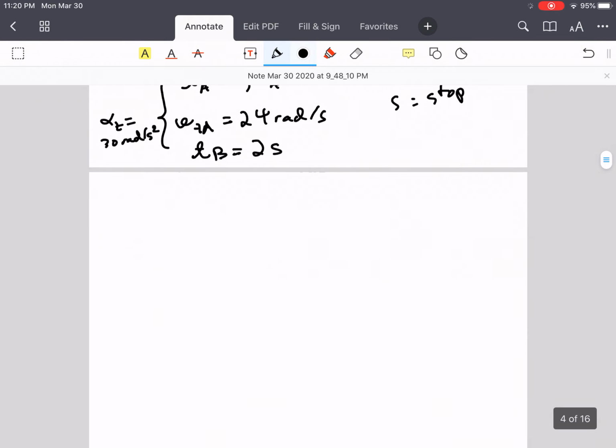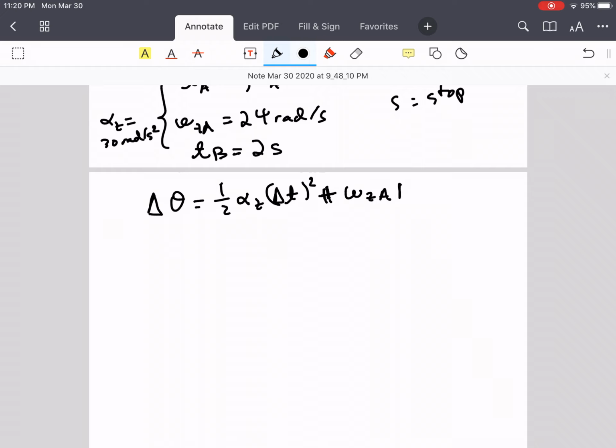So let's go ahead and use the annoying one. Delta theta is equal to 1/2 alpha t squared plus omega 0, which in this case is omega ZA, times delta t. But I know all these numbers. As stated above, when I plug them in, it's not so bad. I actually get 108 radians.